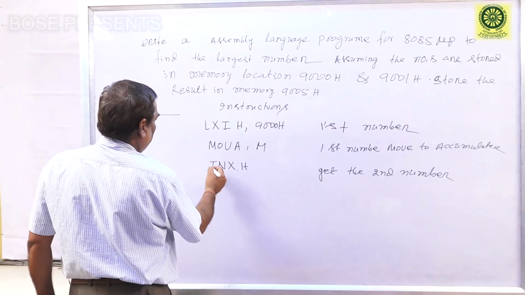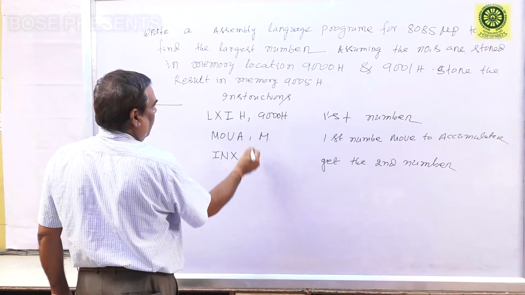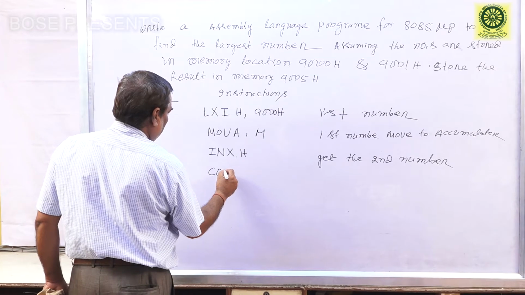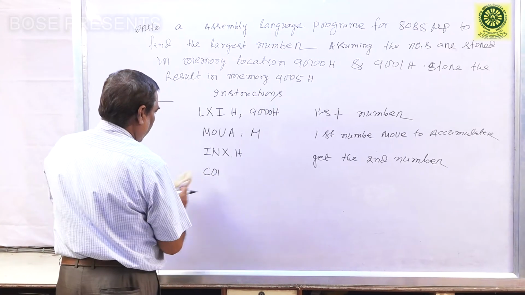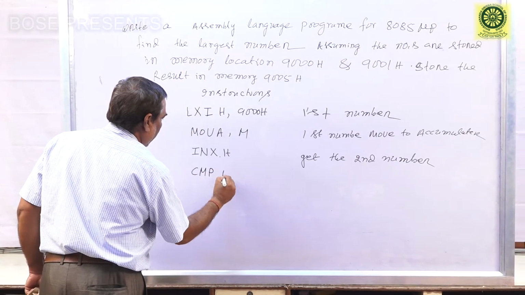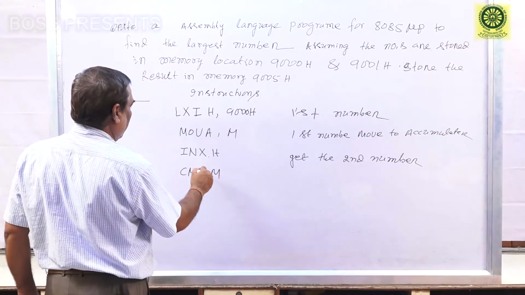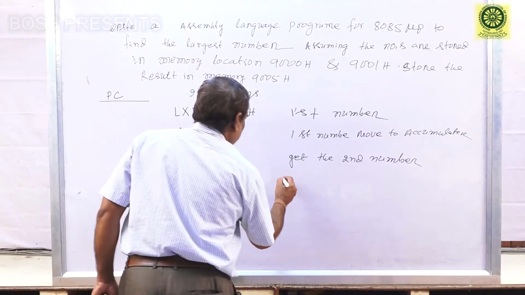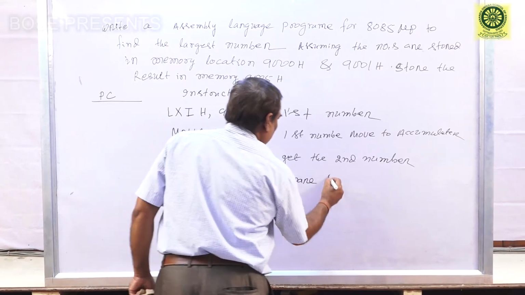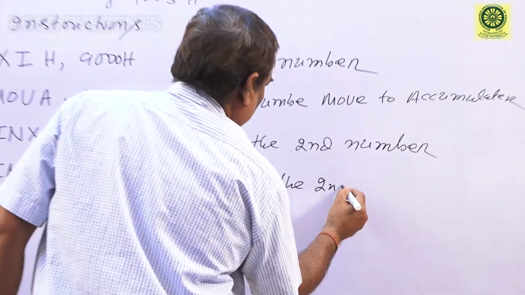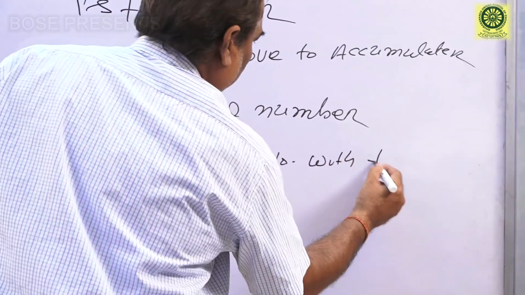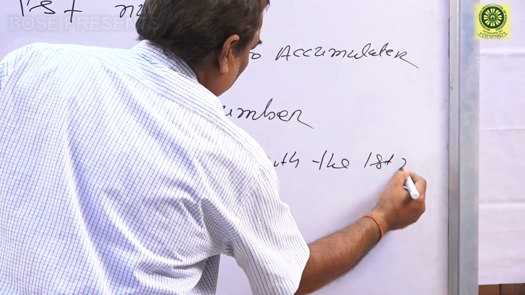Next, we compare the first number and the second number. For that we use a logical instruction, CMP M. That means we compare the memory content with the accumulator, that is, we compare the second number with the first number.